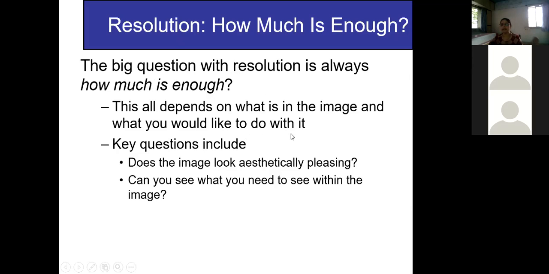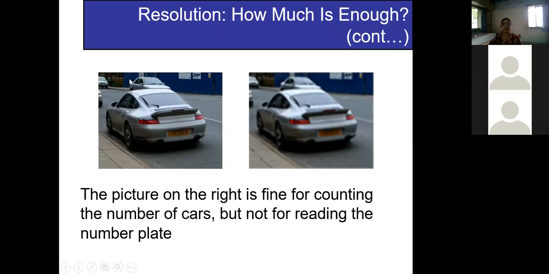So from application to application and from type to type of image, how much resolution is required varies. The key question is, does the image look essentially pleasing? This is of course required. And second, can you see what you need to see within the image? It will be more clear with this example.